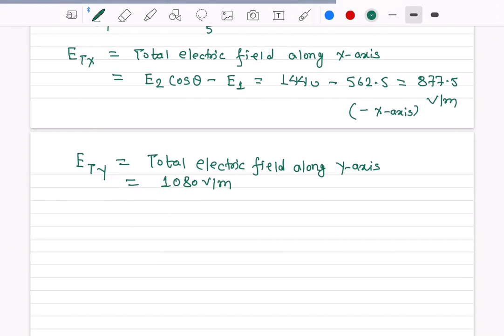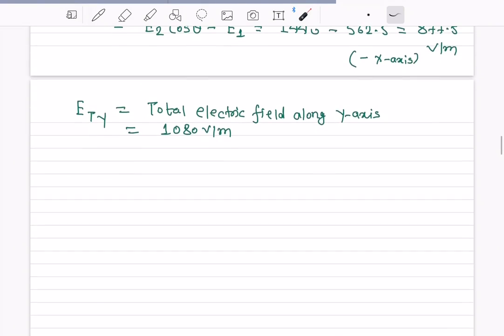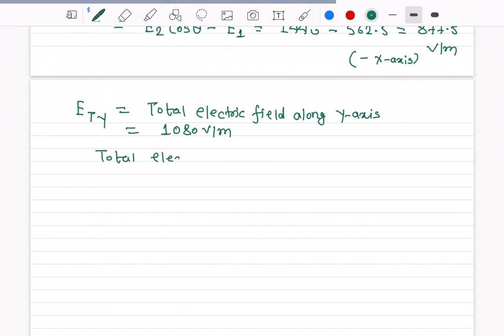It has only one electric component, so 1080 volt per meter. Okay, so we now know that this is the total x component and this is the total y component. But if I ask you to calculate the total electric field, the magnitude, then how can you get it?